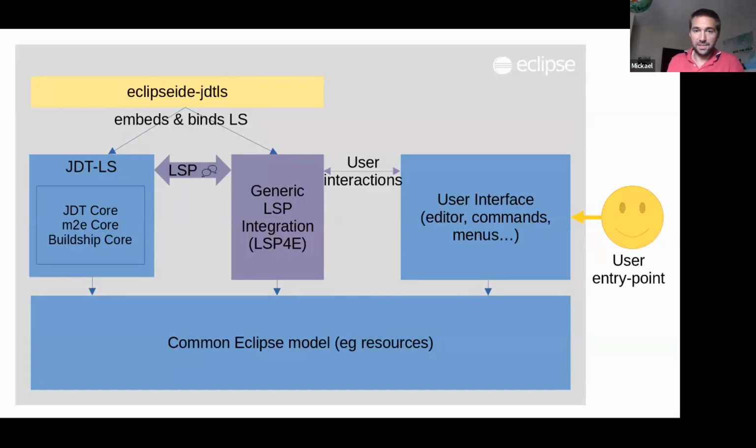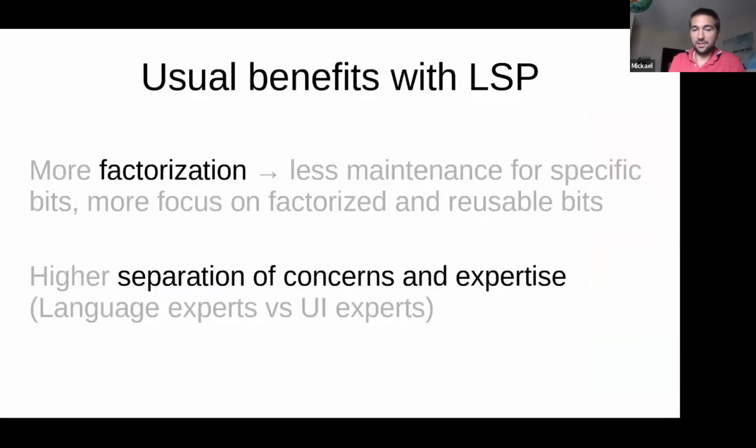So there are some benefits with this approach: we have a higher factorization in our development. Most of the maintenance is not on specific UI, but is more focused on reusable bits. So the core parts, the Eclipse model, LSP4E, the Eclipse UI.